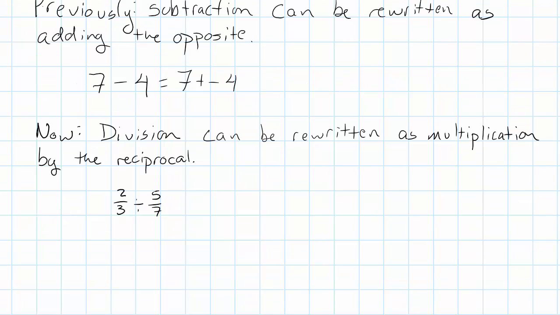For example, if we wanted to divide 2/3 by 5/7, we would rewrite that as 2/3 times 7/5. And that would be 2 times 7 over 3 times 5, which is 14/15.